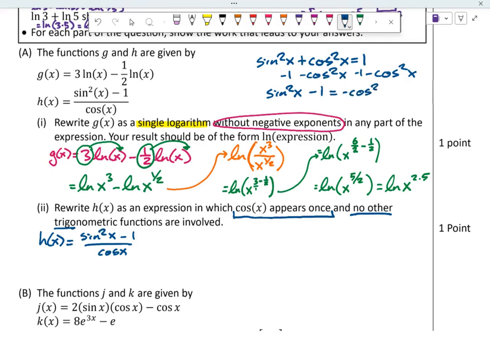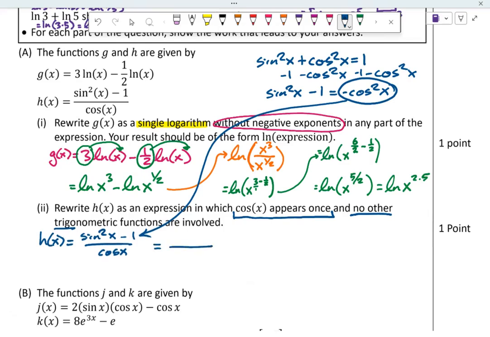All right. So that means my negative cosine squared is what I'm going to have right here. So that is equal to what? What do I have in the top? Negative what? Cosine squared over cosine. All right. Do I have just cosine happening now? Do you see any other trig functions there? Do you see a sine, tangent, cotangent, cosine, any other trig functions?